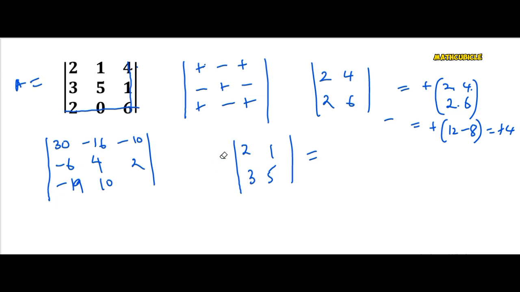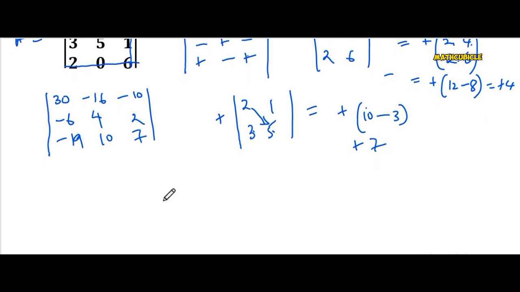The sign on this 6 is plus. So it becomes plus. 2 times 5 is 10, minus 3 times 1 is 3. So that's plus 10 minus 3 is 7. That's 7.